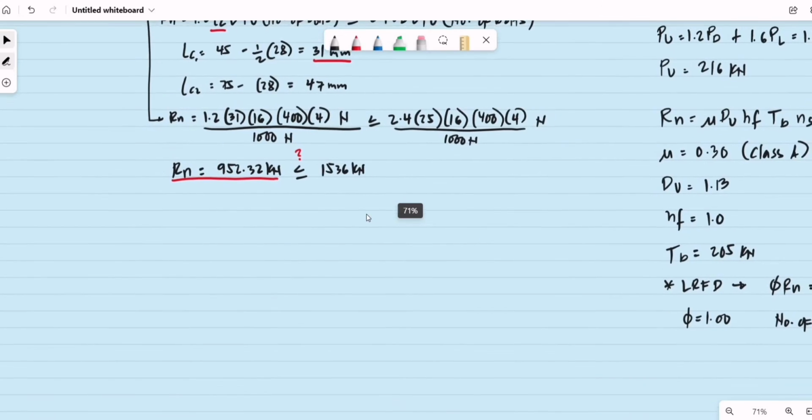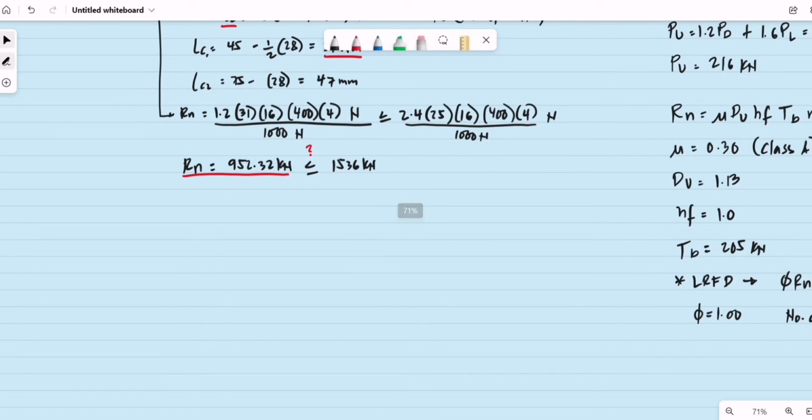So let us check for both LRFD and ASD. So for the LRFD, we have a reduction factor for the bearing strength equal to 0.75.